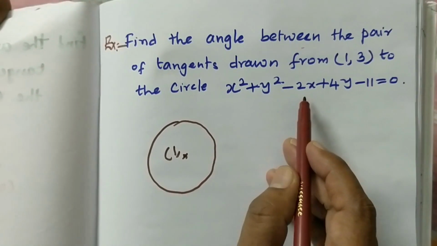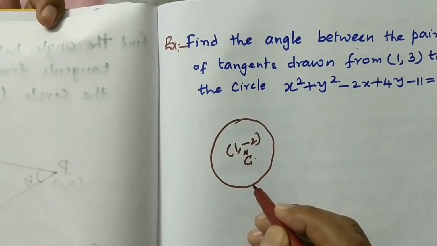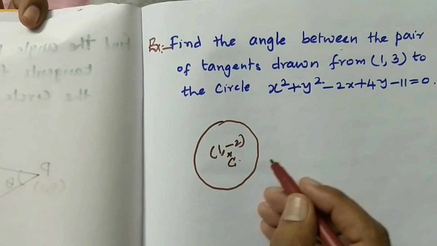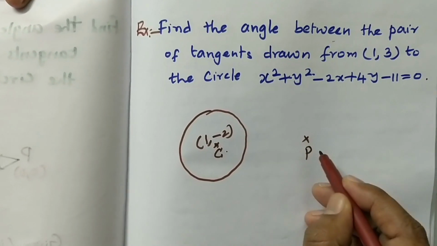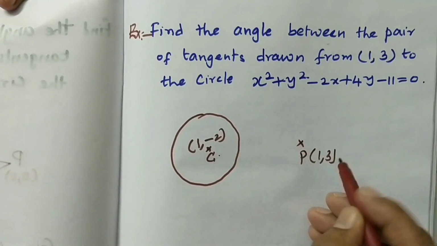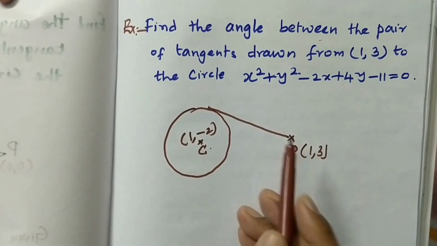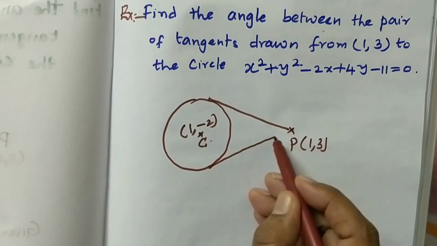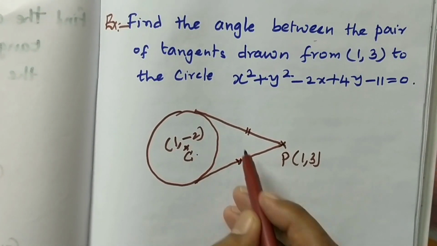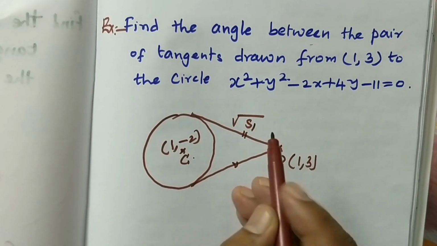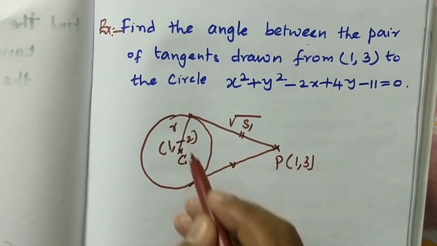So 1 and minus 2 is the center. And for the point P (1, 3) outside the circle, how many tangents can I draw? I can draw 2 tangents to the circle. This length is root S1, you know, and this is my radius R.